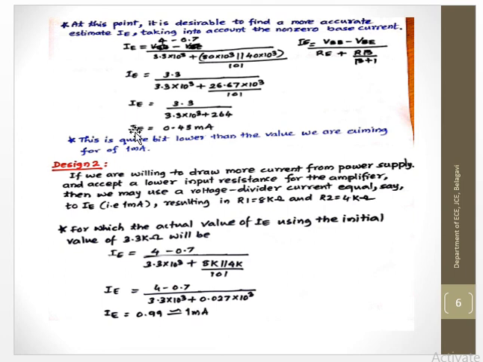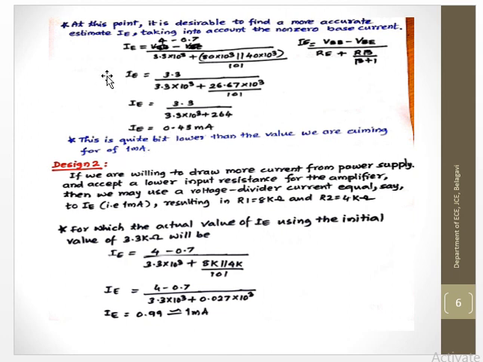If you solve further, the IE value results as 0.43 milliampere. So we were expecting to design for an IE of 1 milliampere by selecting R1 and R2 as 80 and 40 kilo ohm, but we are getting 0.43 milliampere.